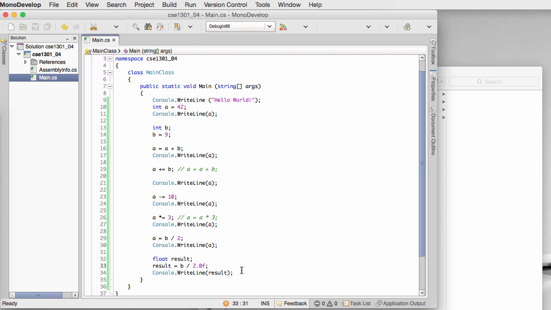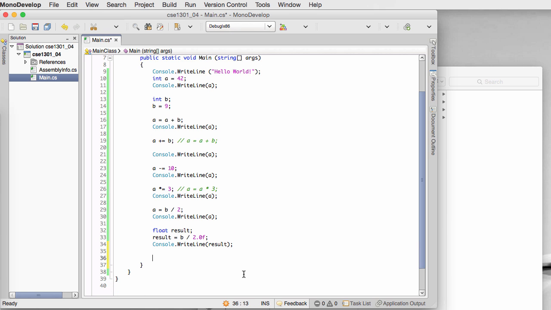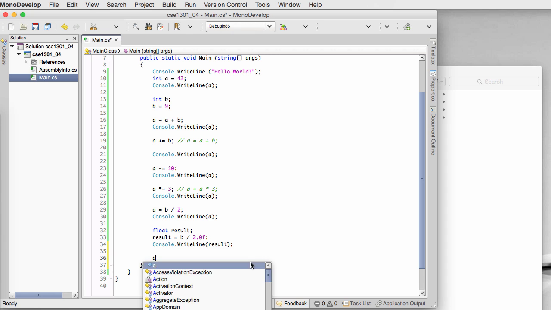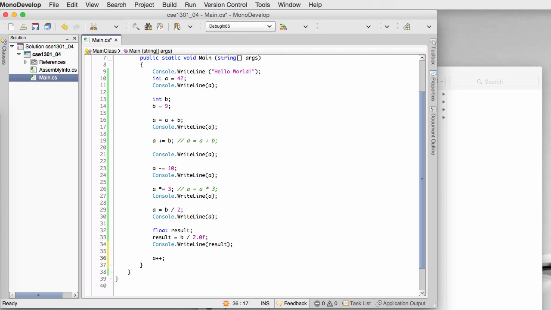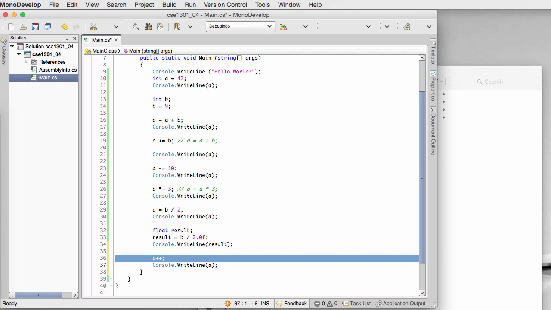Okay, there are a couple more operators that I want to discuss here. We have the plus plus operator, so we could say a plus plus, and that's going to increment a. So whereas it was 4 because we did that integer division, a is now 4 at this point, and then we write this a out to the screen, we should get 5.